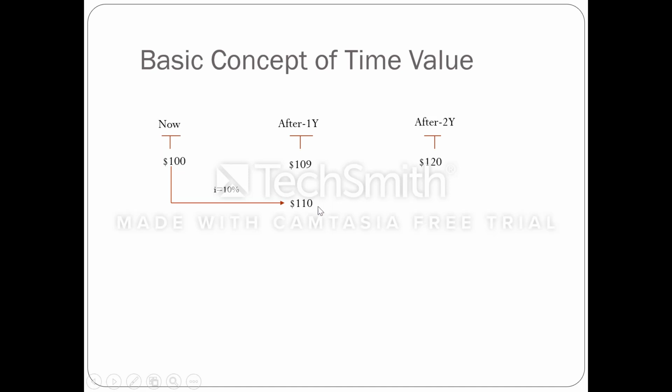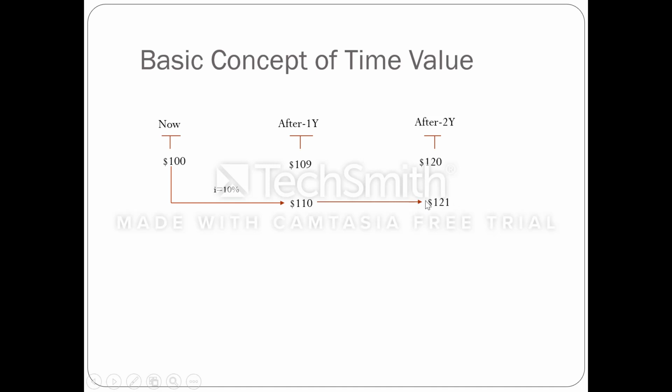Now if you further grow this 110 and keep it in your bank, where your bank is giving you 10% interest, this 110 will grow to 121, because 110 multiplied by 1 plus 10% becomes 121.